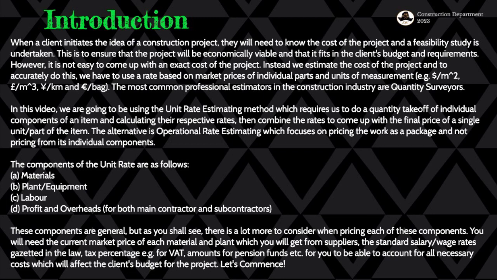So let's move on. In this video, we're going to be using the unit rate estimating method, which requires us to do a quantity takeoff of individual components of an item and calculating their respective rates. Then combine the rates to come up with the final price of a single unit or part of the item. So the unit that we're dealing with here is not necessarily the unit of measurement, but we're looking at a certain section of a whole thing.